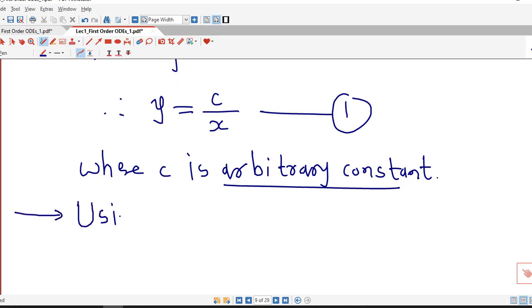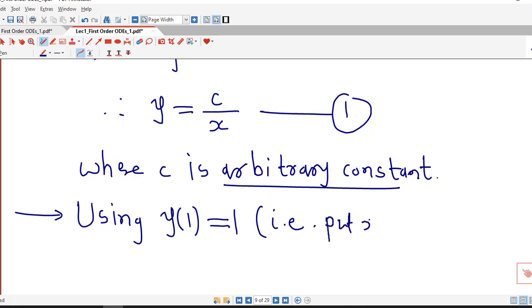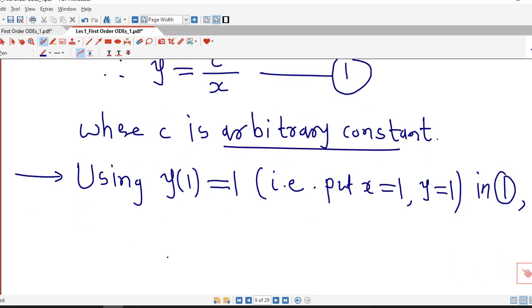So using y of 1 equal to 1, that is we put x equal to 1, y equal to 1 in equation number 1, we have y is 1, x is 1.